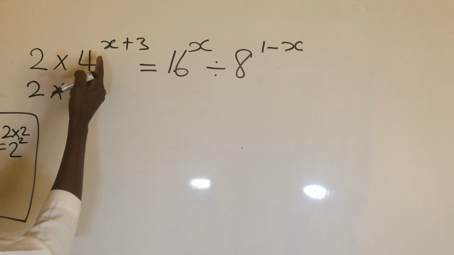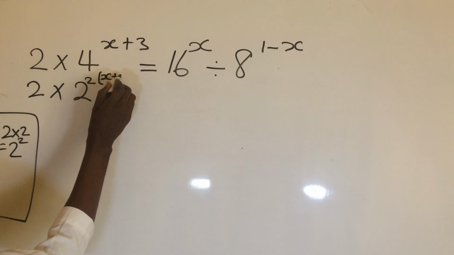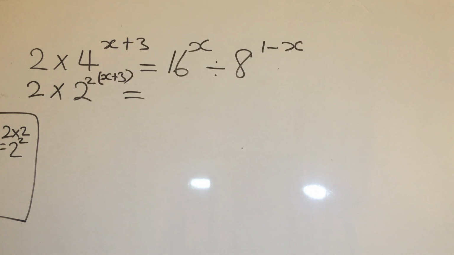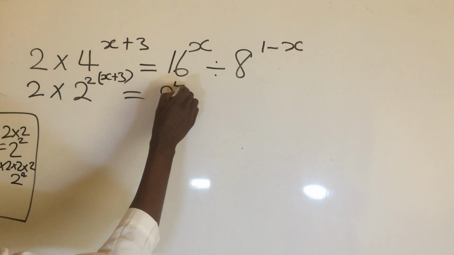In bracket, the power that is here, which is x plus 3, equals 16. 16 means 2 times 2 is 4, times 2 is 8, times 2 is 16. How many 2's? 1, 2, 3, 4. That means 2 raised to power 4 is the same thing as 16.